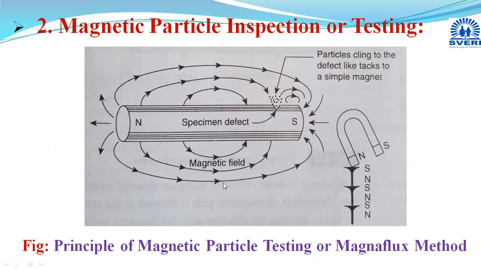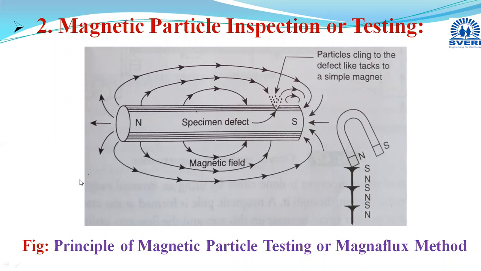Now, this magnetic particle testing can be classified in different ways, on different bases. The first way to classify it is by how we are using the inspection medium. The inspection medium used is fine ferromagnetic powder.